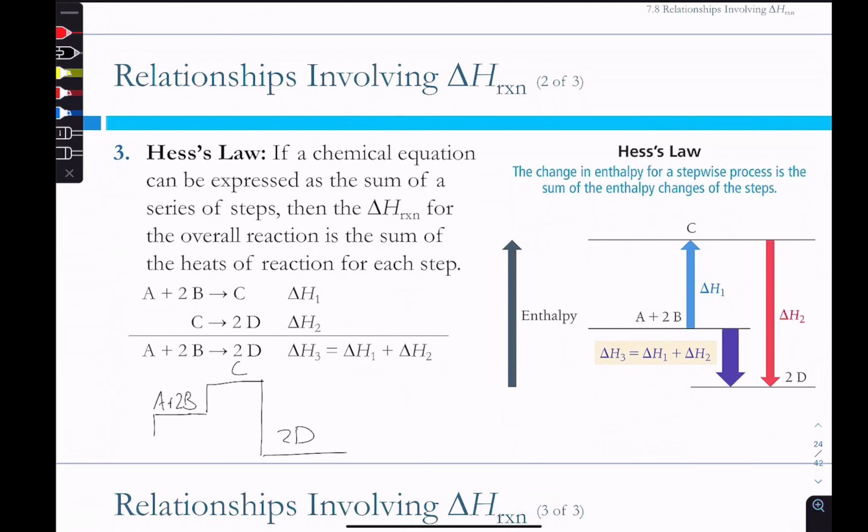Kind of the same thing if we're progressing in time this way, and this is still enthalpy, so this should be H. This is time. In your first step, you go up to a higher enthalpy, so positive, and then the next one you go down. The only thing that really matters is where you start and where you end. And this becomes really useful because we have standard enthalpies.